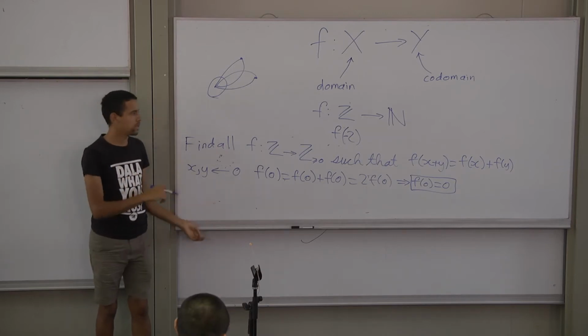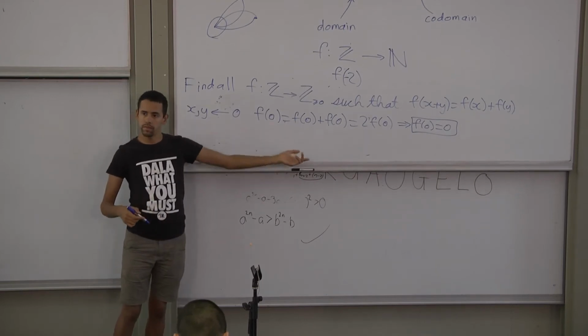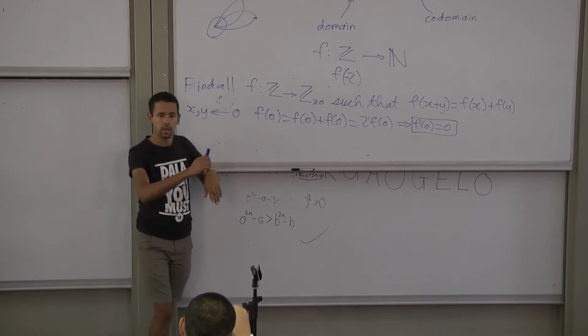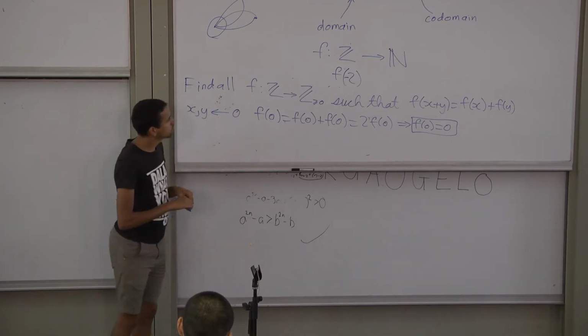Most of the time it works like that. So we've got our f of 0 equals 0. How can we feed it back into the original equation? Yep, you say x is x and y is 0 and substitute back in.